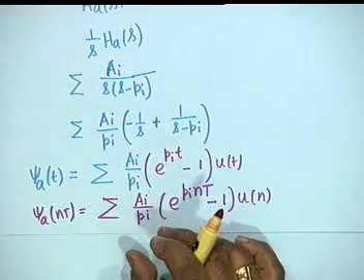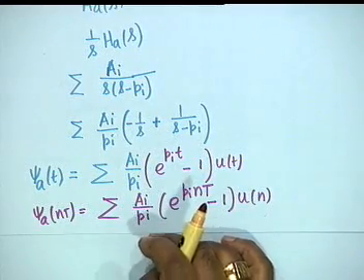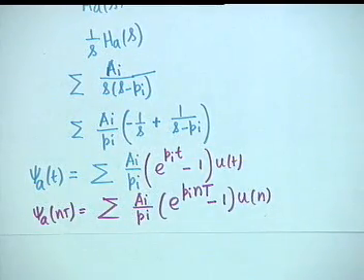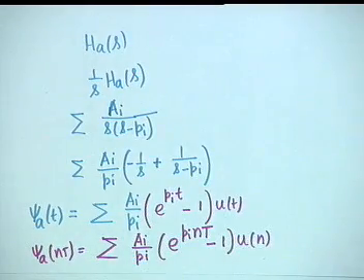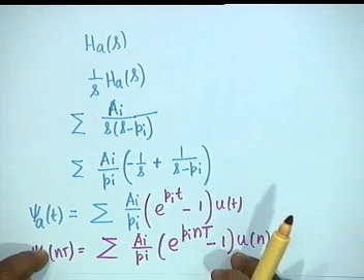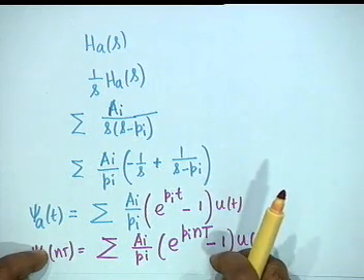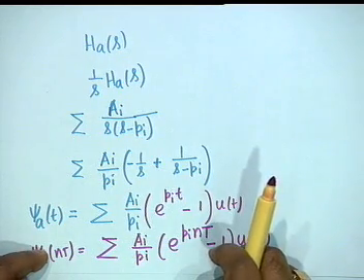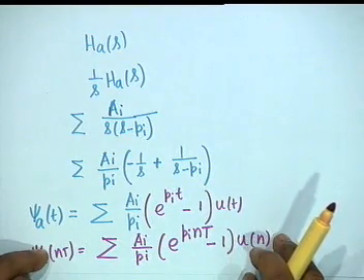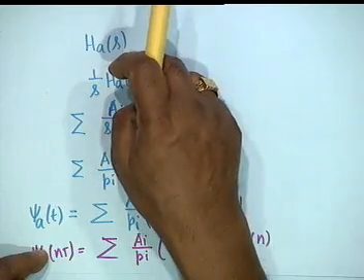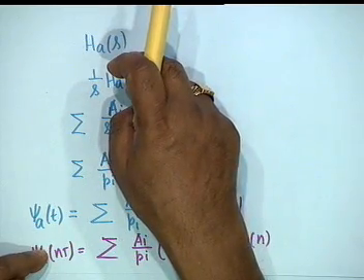This is the step response of the filter derived from an analog filter H_A(s). We want to see whether this matches the unit step response of the digital filter that we derived from impulse invariance.